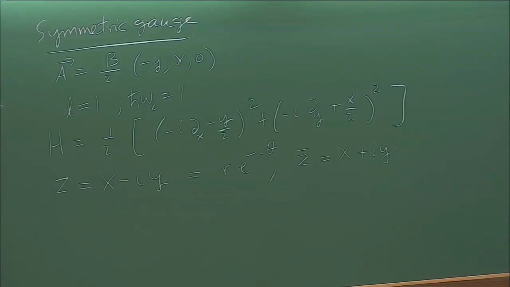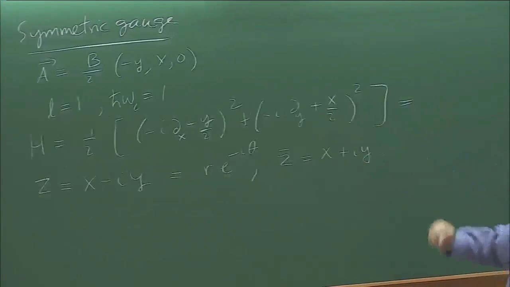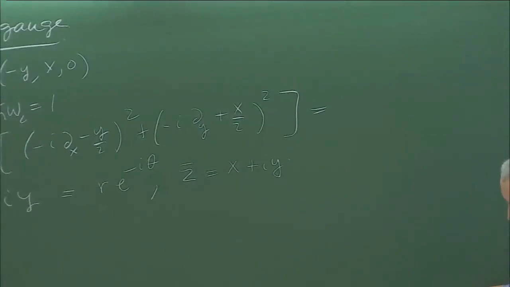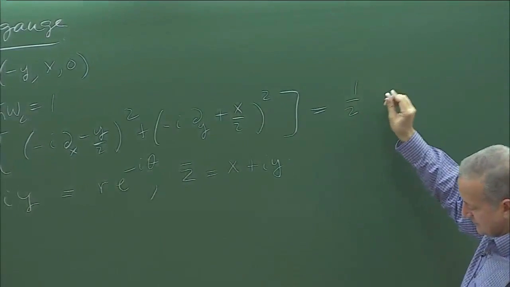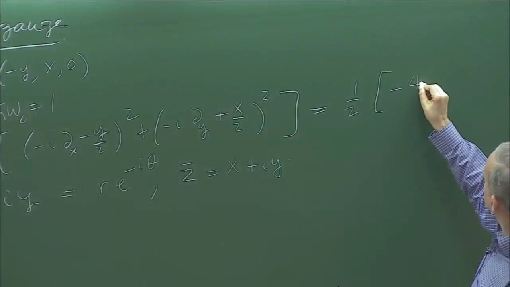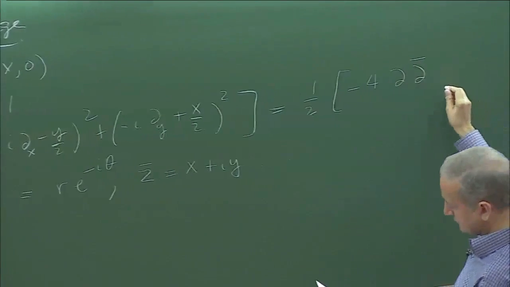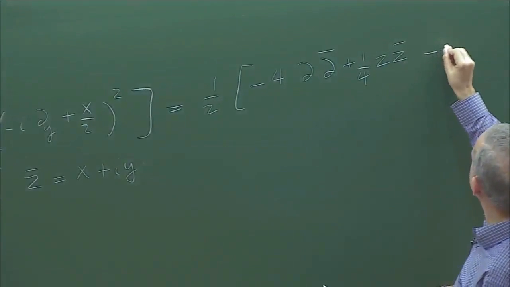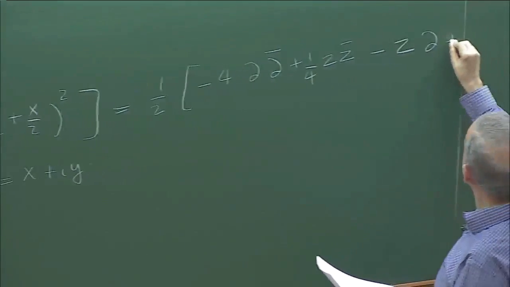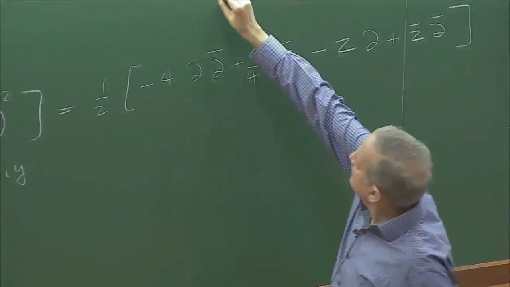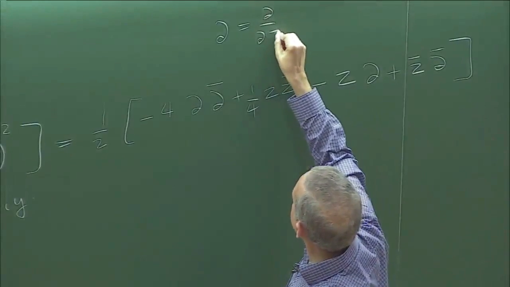Then you have to do some algebra, which I'm skipping, but I ask you to do the algebra. You can show that this Hamiltonian can be written in this form. So here, when I write del, that means del by del z.